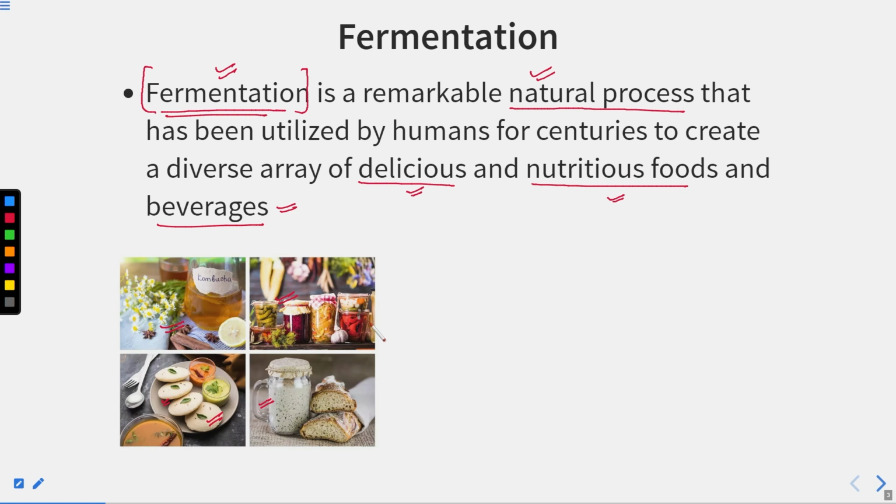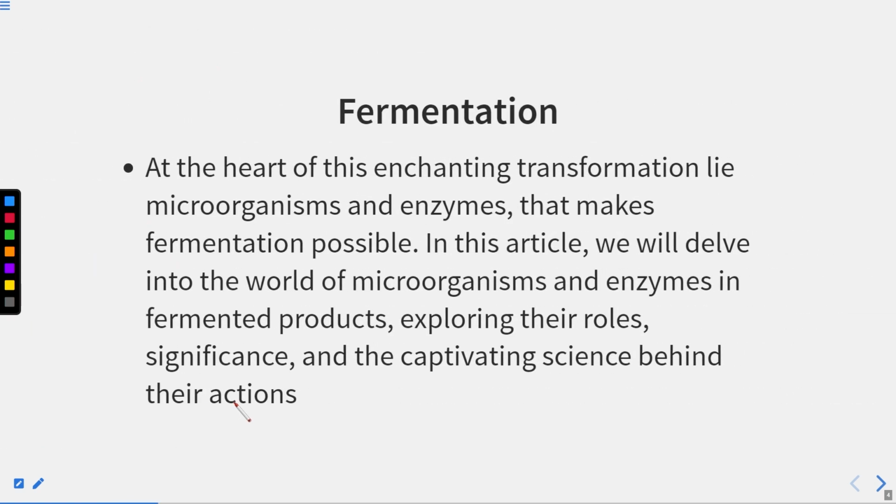If we go to Gujarat, then we can have dhokla, and if we go to the south, then we can have idli and dosa. There are so many probiotic drinks also that are prepared with the help of fermentation. We are going to study how it takes place.